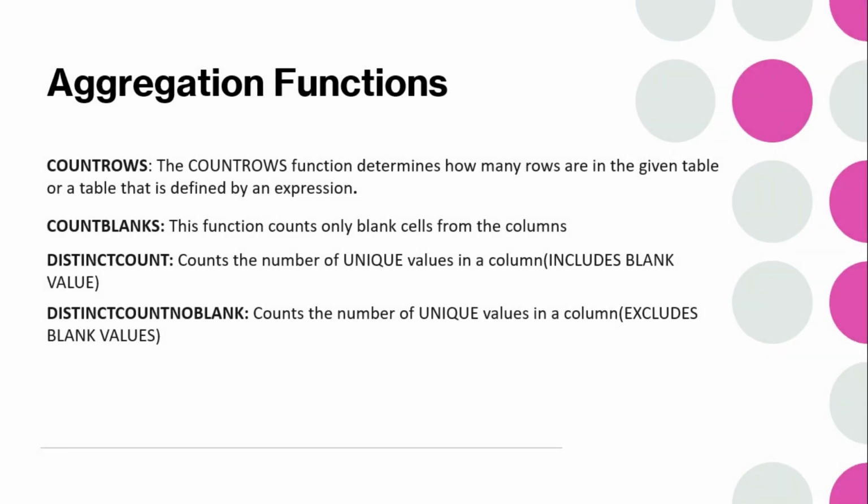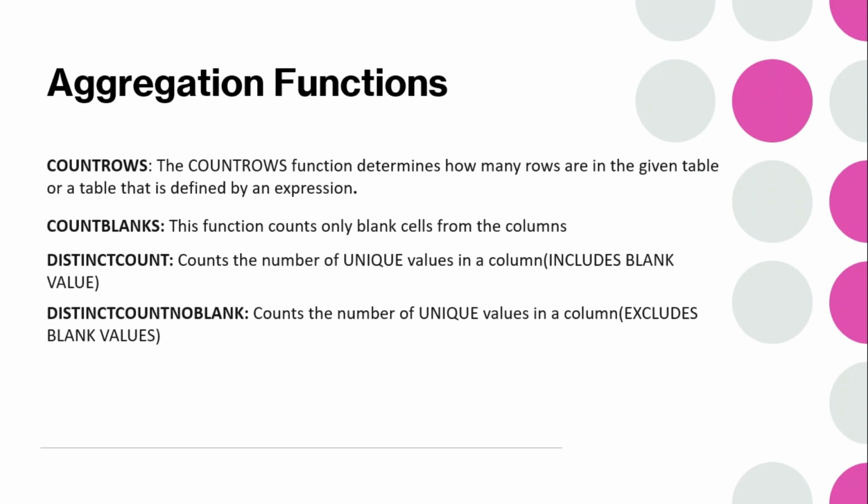So the COUNTROWS function peeks into a table and tells you exactly how many rows are there in a table. Next is the COUNTBLANK function. COUNTBLANK is all about finding those empty spaces in a column. It counts how many cells are just sitting there with no information in the column.